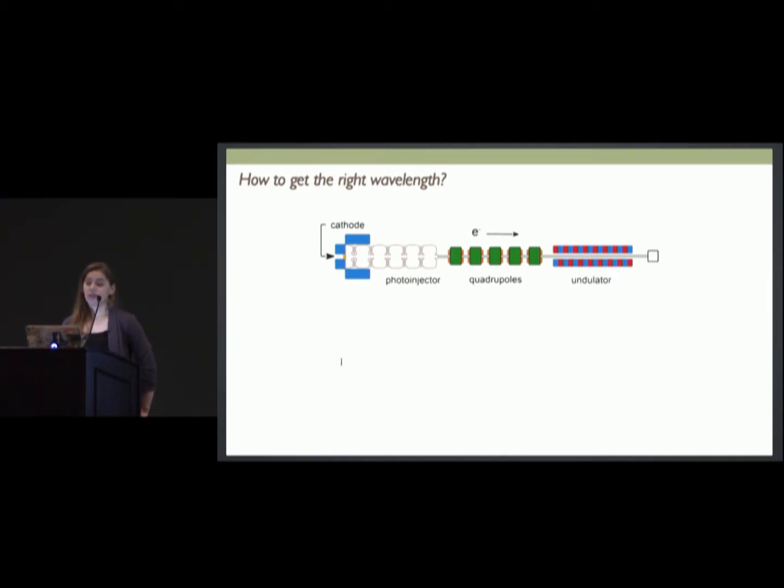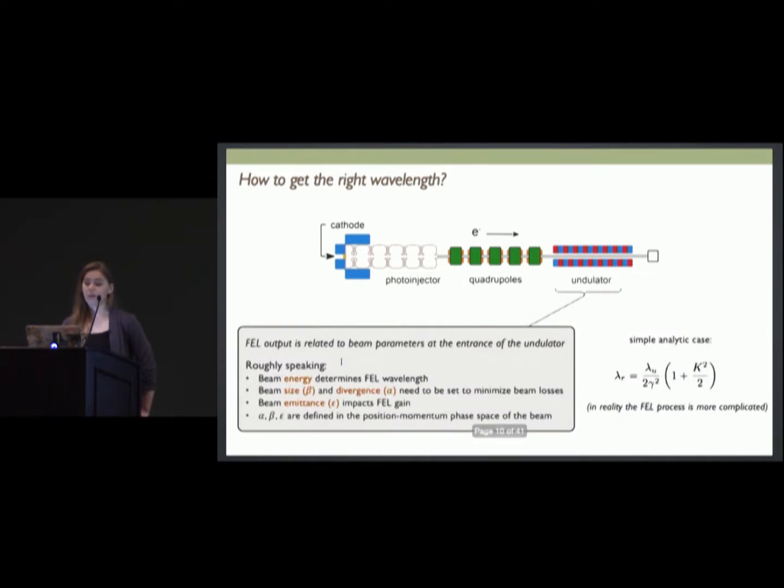So if you want a particular wavelength of light out of the undulator, what do you need to do? Well, you need to get certain electron beam properties right at the entrance of the undulator. In the simplest case, that's just related to the beam energy and the strength of the magnets in the undulator. In reality, it's a little more complicated.